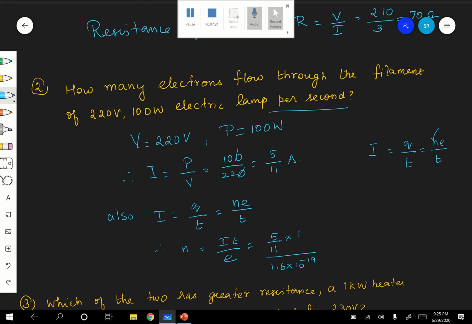If you solve, you will get the answer as 2.84 into 10 power 18 electrons per second.